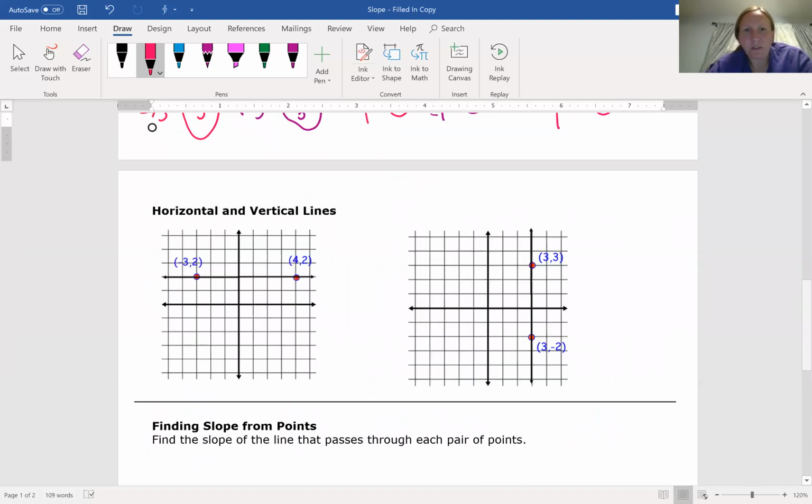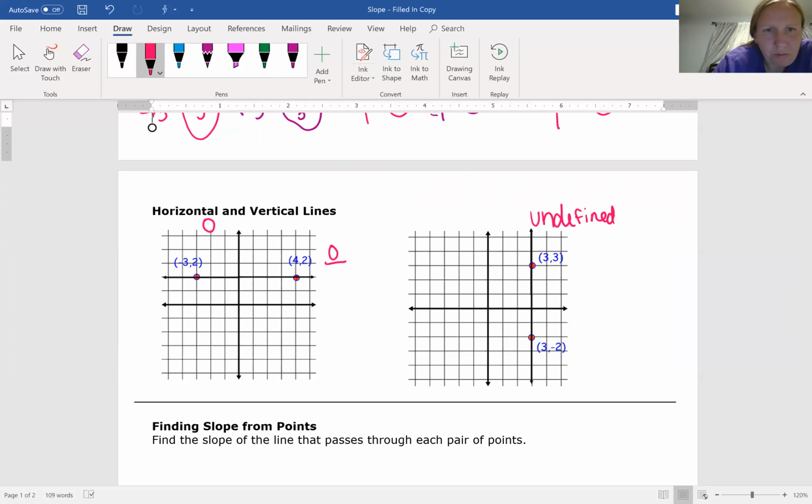Horizontal and vertical lines. Okay, we know horizontal is 0, and we know vertical is undefined. But let's try to see why this is happening. Here, we want to go up or down. Really, because they're even, there is no going up or down here. So the rise is 0.